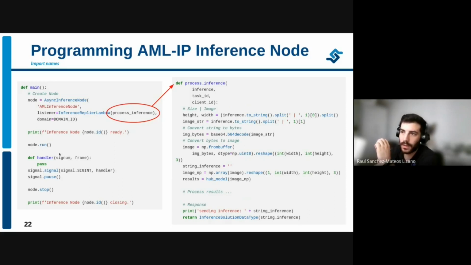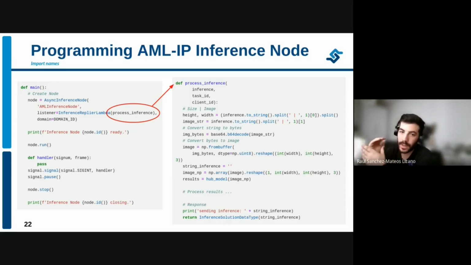As I said before, this is asynchronous, so this run method won't stop the execution of the program. We'll just need to call the run method in order for the node to create itself and start listening on the lambda or callback functions. But this specific run function will not block the execution of the program.